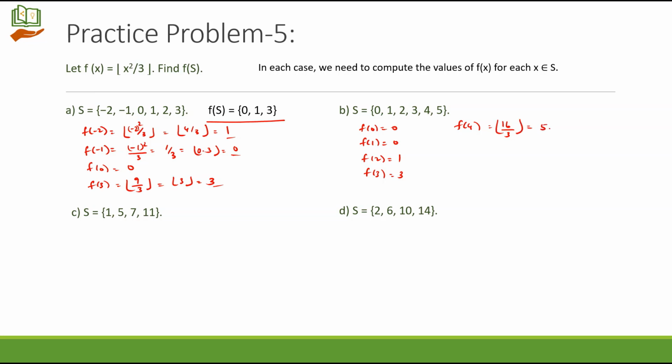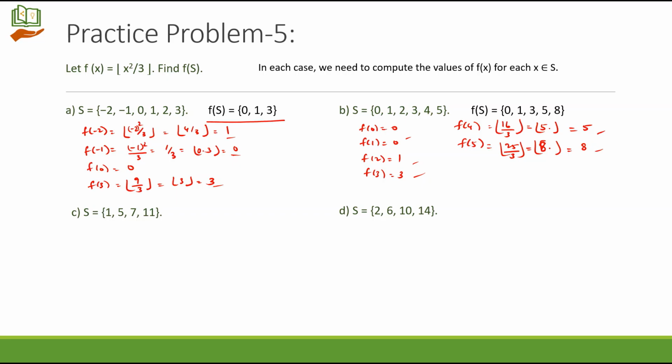It is 5 point something. So in floor we will go with 5. What about f of 5? It is 5 square, 25 by 3. 3 8s are 24. So we will have 8 point something. So 8 point something under floor will give you 8. So the result will be 0, 1, 3, 5, 8.